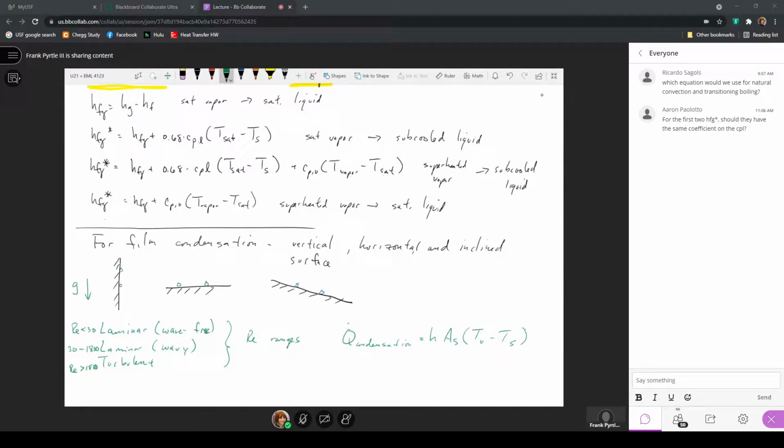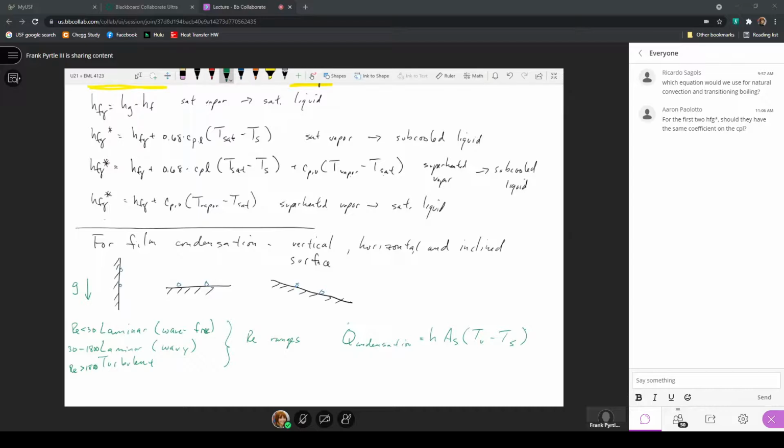Where the temperature of the vapor would be the saturated temperature if it's saturated vapor, or the temperature of the superheated vapor, minus the surface temperature. But this is how we would define that heat transfer rate by condensation when we have a problem where we have film condensation actually occurring.